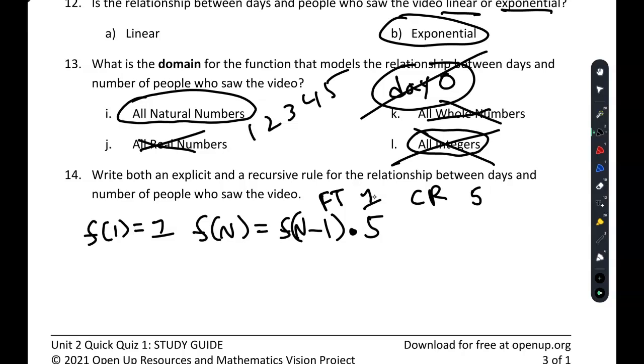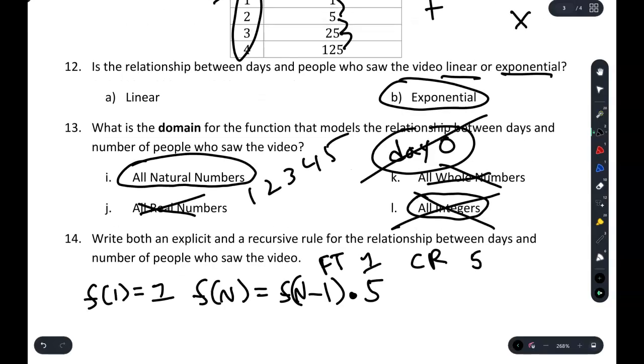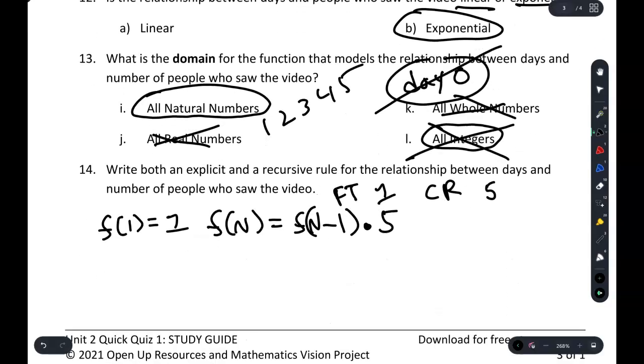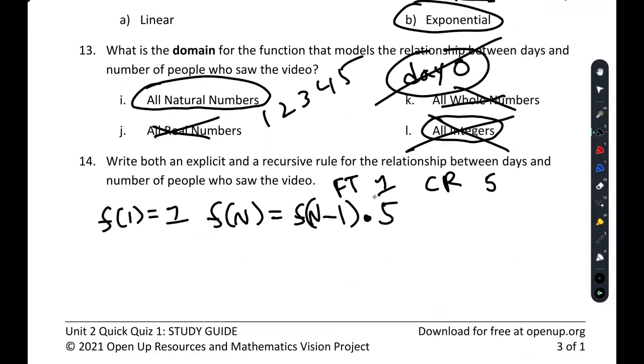To find 5 here, you multiply the previous one, 1, by 5. To find 25 here, you multiply the previous one, 5, times 5. So that's the recursive. I'll put REC out here.